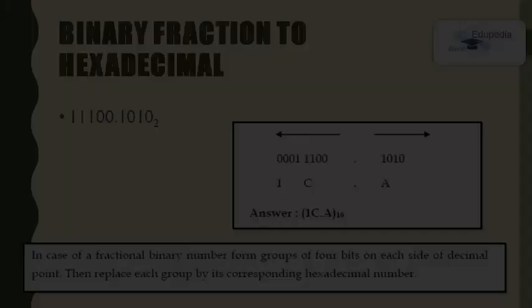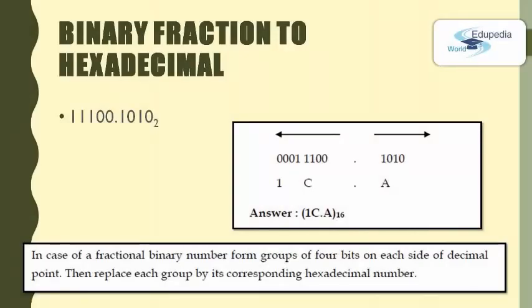Now let's move on to the next conversion type: the conversion of binary fraction to hexadecimal. In the given number, we have a binary point: 11100.1010. Like before, we have to create groups with 4 bits. For the integer part, we have to start from the rightmost position. For the fractional part, we have to start from the leftmost position.